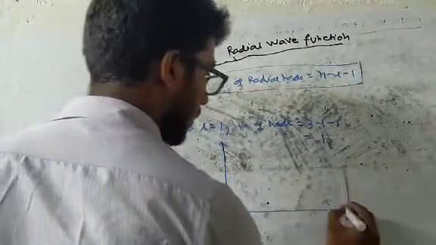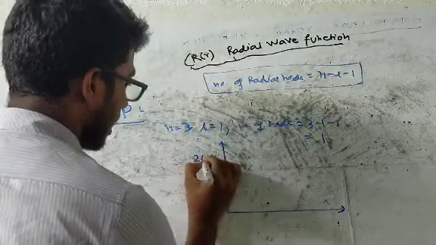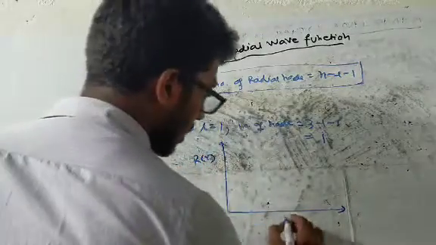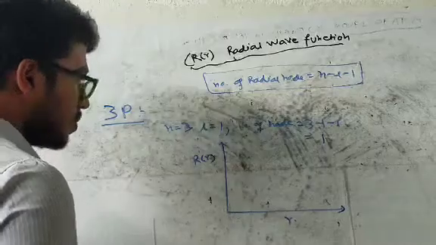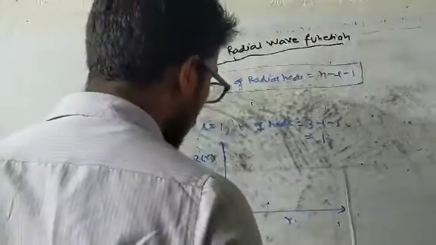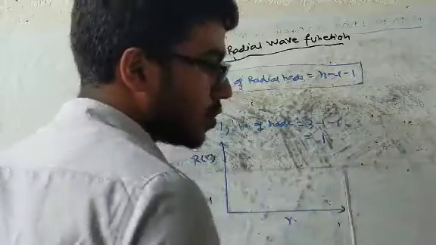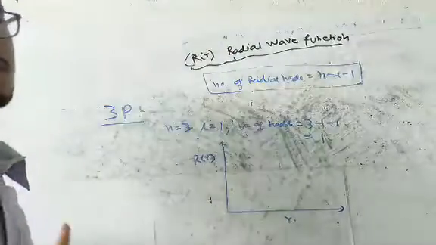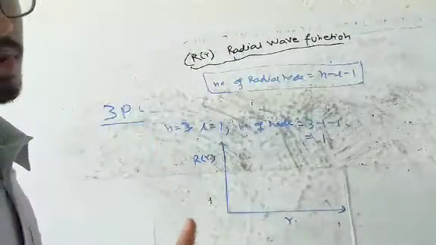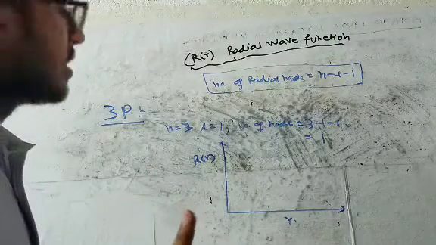Let's say this is R of r for 3p, and this is r. It will start from the origin, and there is only one radial node. That means the graph will touch the r axis only one time.